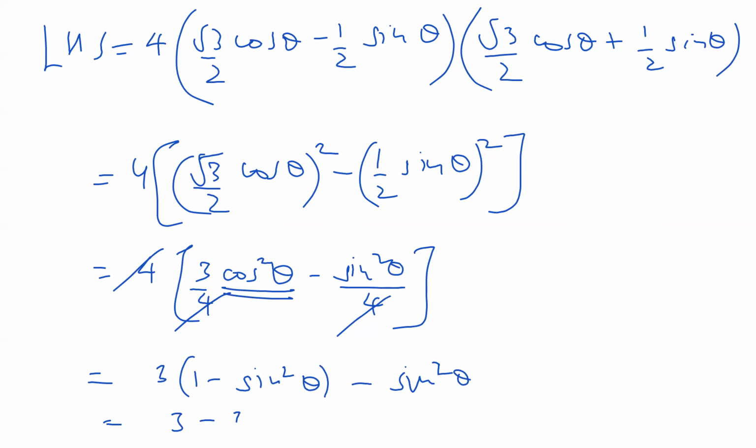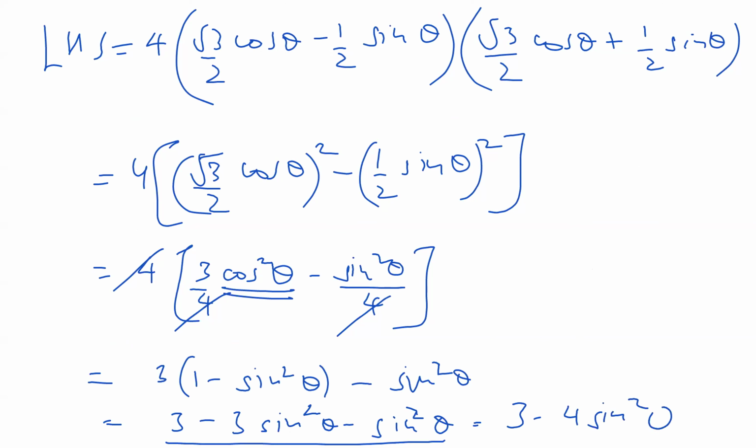Open the bracket: 3 minus 3 sin square theta minus sin square theta. Now 3 sin square theta plus sin square theta is 4 sin square theta. So 3 minus 4 sin square theta. This is equal to your RHS. Fine. So that was question number 22 for you all.